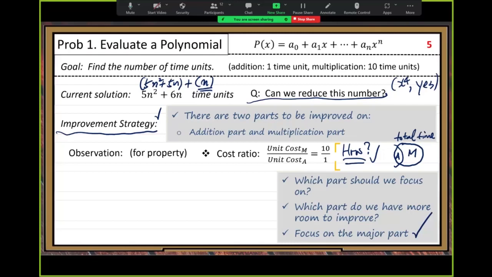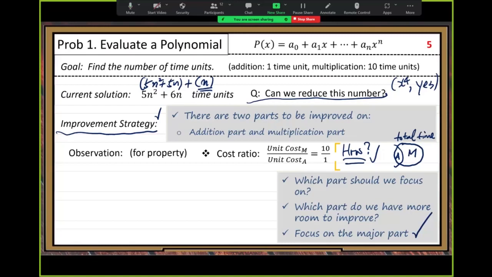The minor, tiny part is the addition. So we should not focus our resources and energy on the addition part. We should focus our resources and energy on the multiplication part.